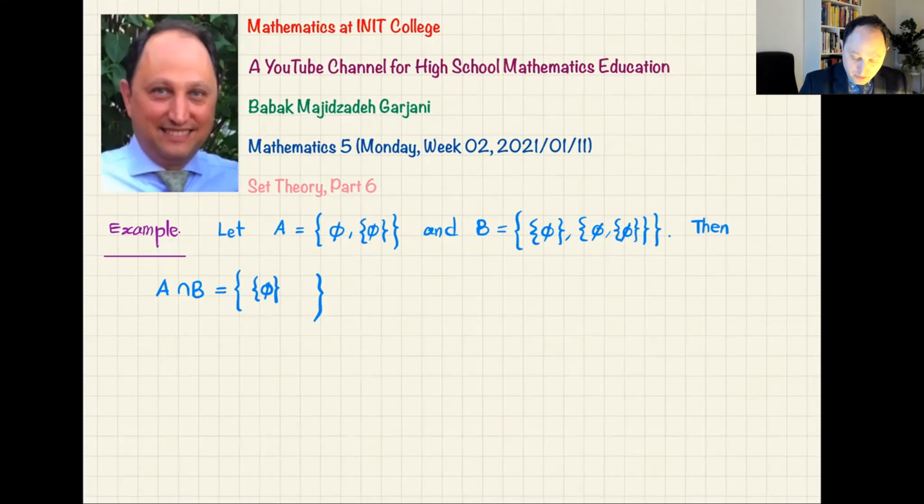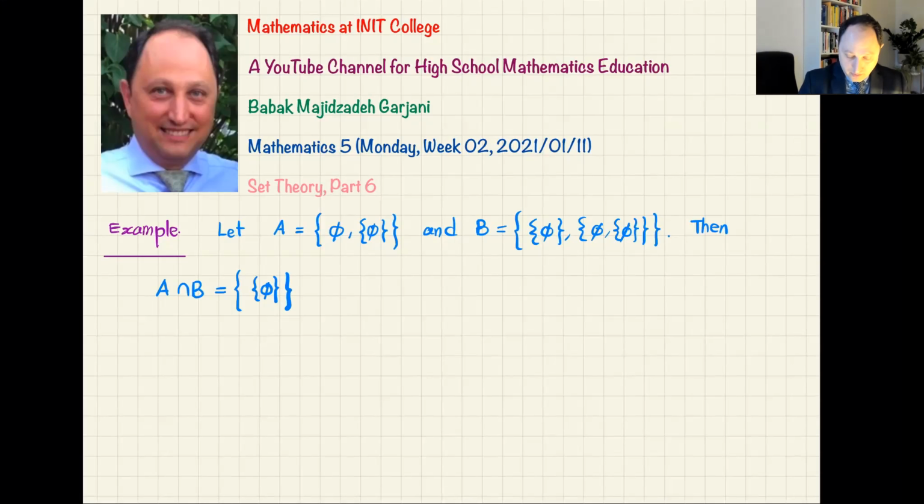Okay, so let me just clean this and make it a little bit closer. And this is your intersection, yes? So you need to respect all the curly brackets. The number of curly brackets opened is very important here. Please interrupt me if you have any questions whenever you want to ask, okay? So let me also write a remark here for you.